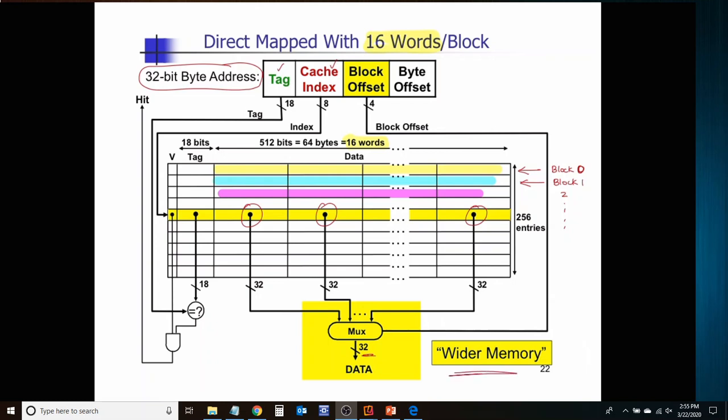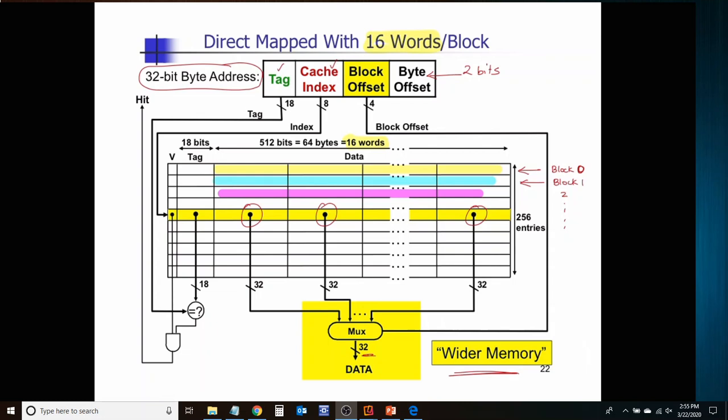So we are essentially widening up the memory cache table over here so that we can fit more things into the cache. The byte offset functions the same way. So 2 bits that are going to be used to access each byte in a word, the same way as before.